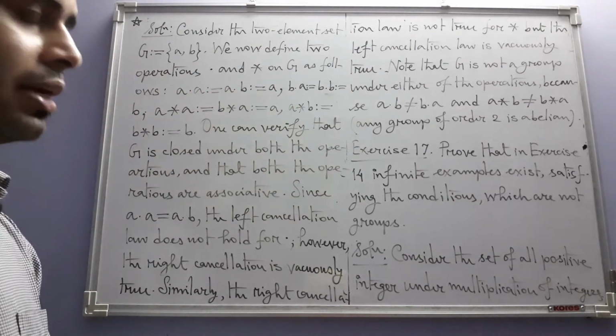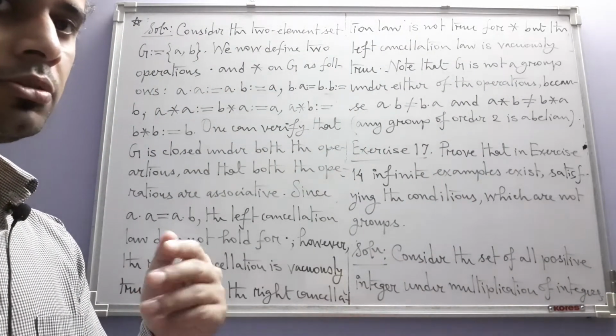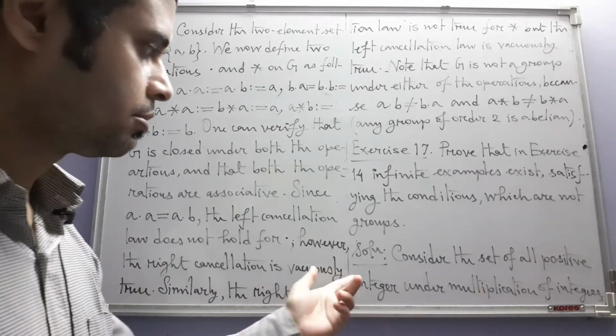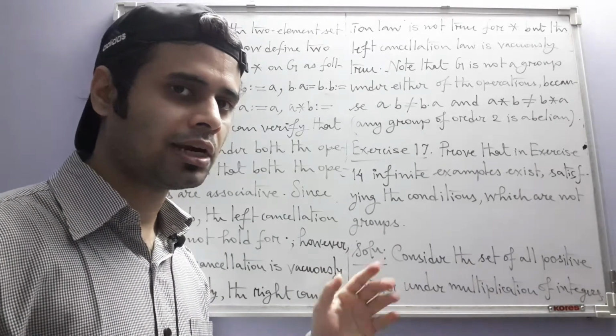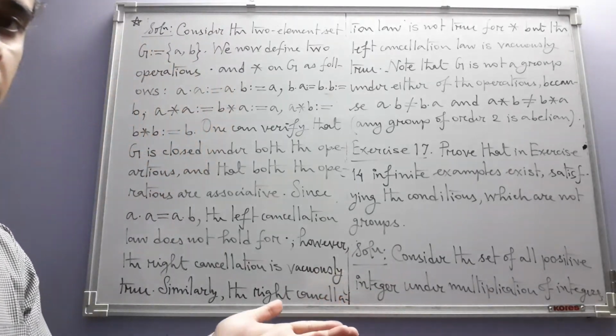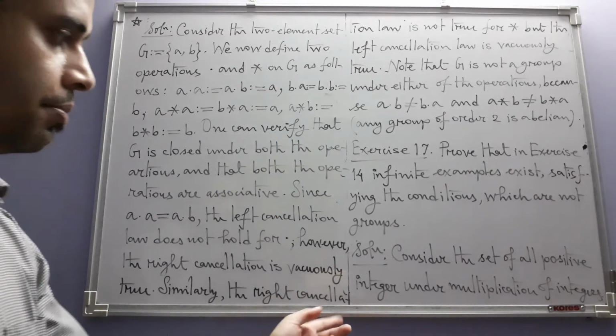If we multiply two positive integers, we are going to get a positive integer. So the set is closed. Multiplication of positive integers is an associative operation.